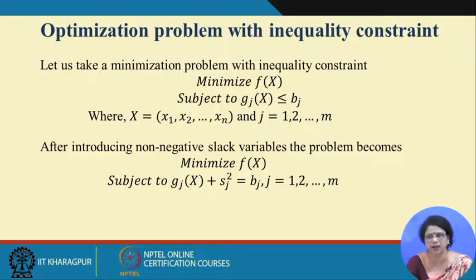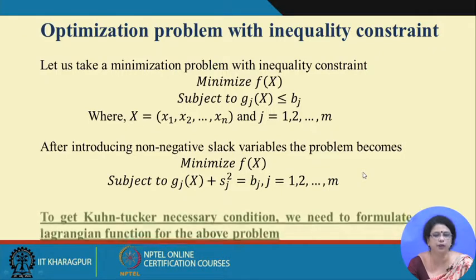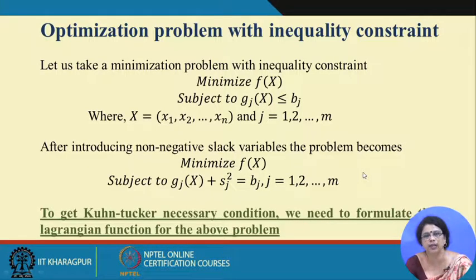We can construct the Lagrange function, we can introduce the Lagrange multiplier, etc. In that line, there is a well-known method called the Kuhn-Tucker condition, the Karush-Kuhn-Tucker condition. In short, we call it the KKT condition. There, we are extending the Lagrange theorem to inequality type constraints.